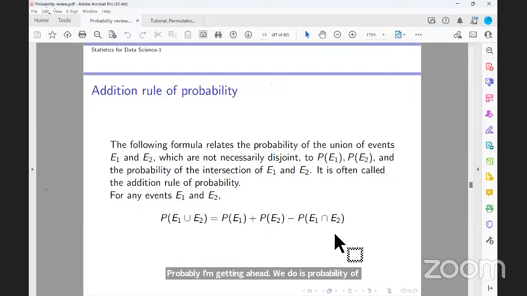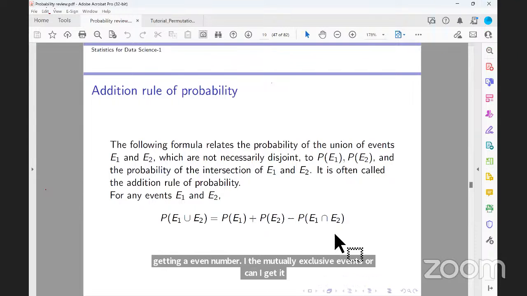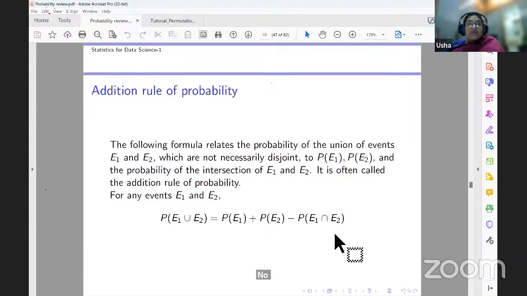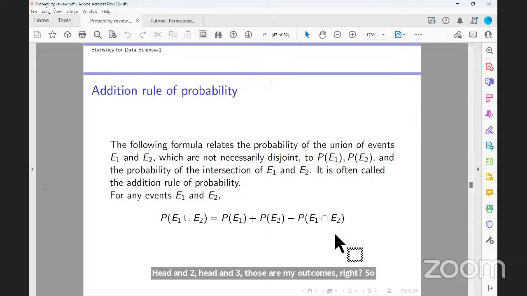They are not disjoint, right? Because the outcomes are H1, H2, head and 3. Those are my outcomes, right? So I can get a head and an even number. So they are not disjoint.